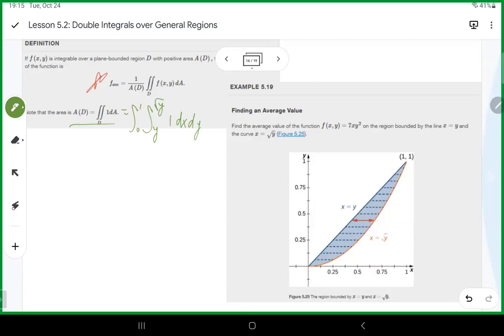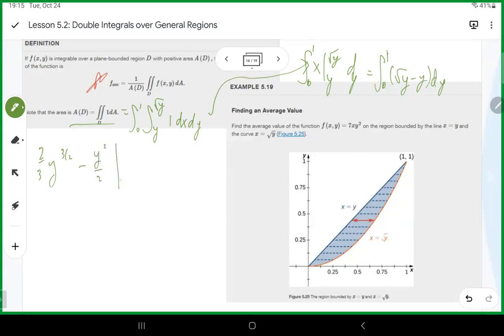So then you would have x from y to the square root of y, 0 to 1, dy, which is 0 to 1, square root of y minus y, dy. So then you end up with 2/3 y to the 3/2 minus y squared over 2, 0 to 1. So you end up with 1/6.